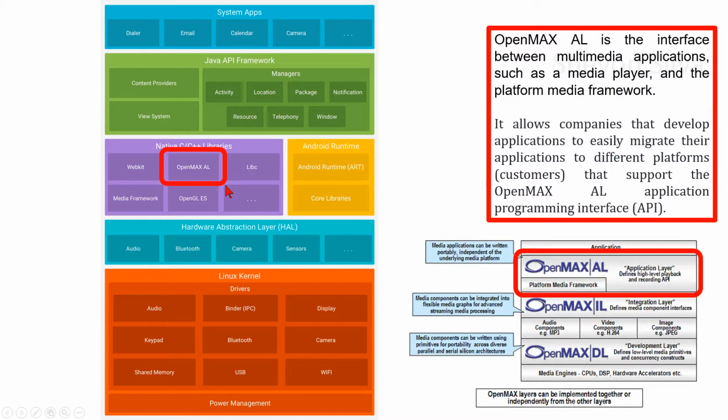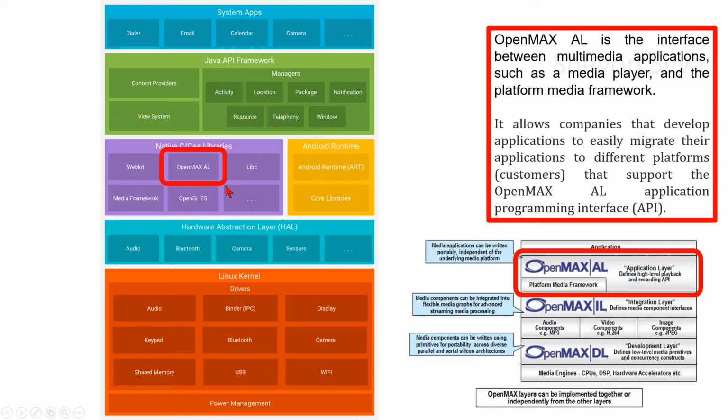Now we are considering OpenMAX AL. OpenMAX AL is the interface between multimedia applications, such as a media player, and the platform media framework. It allows companies that develop applications to easily migrate their applications to different platforms.